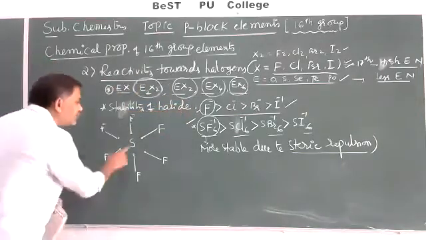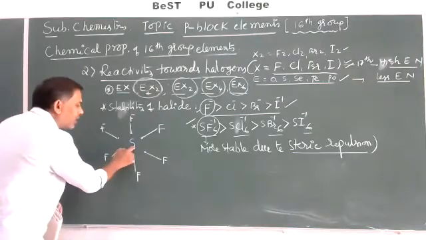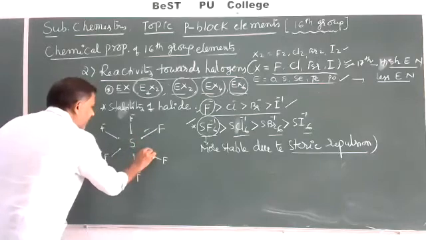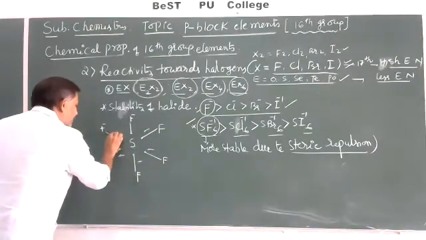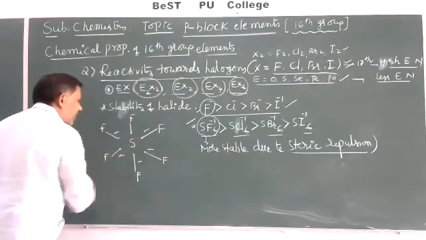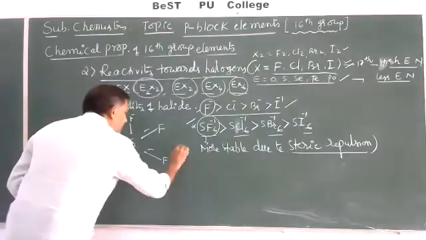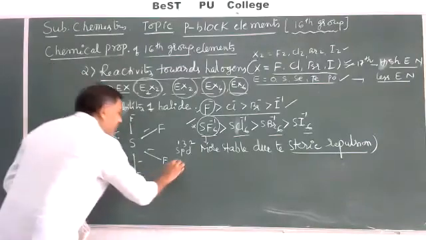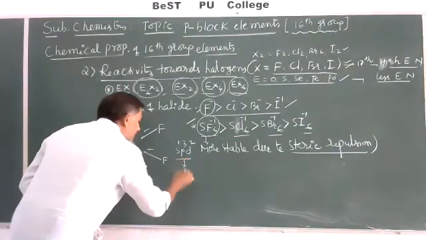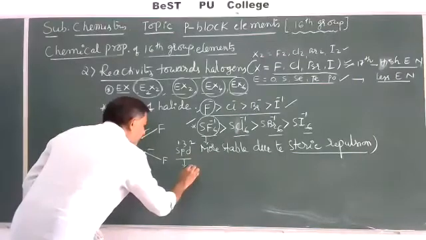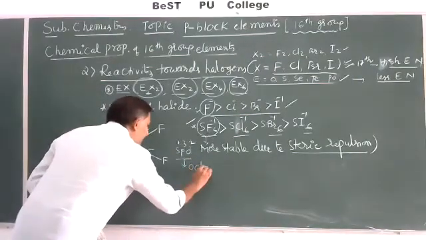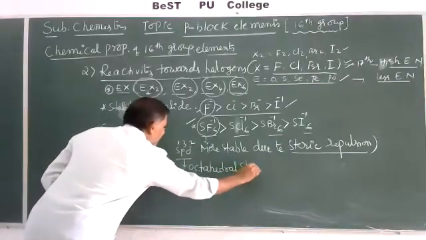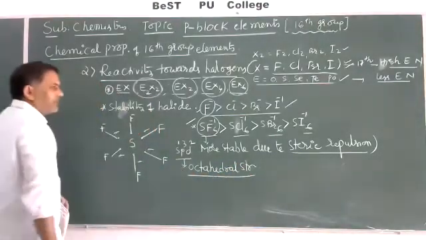The reason is the presence of d orbitals in its outermost orbit; on excitation it forms six covalent bonds. Six covalent bonds means the sulfur undergoes sp3d2 hybridization. sp3d2 means all hexafluorides, hexahalides generally have octahedral structure, octahedral geometry.